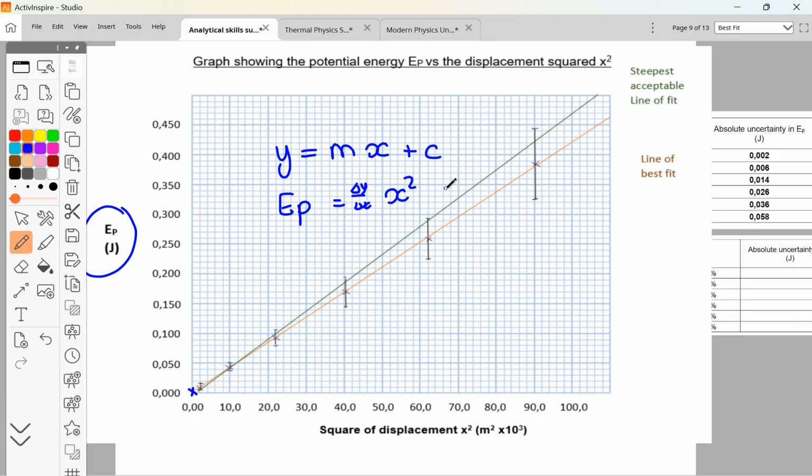And then sometimes there is going to be a plus c. In this case, there was nothing. So make sure that you don't force it through 0 in case there is a y-intercept there. If it's close to 0, chances are it's going to go through 0. So don't also force it to not go through 0, because that would also be wrong.